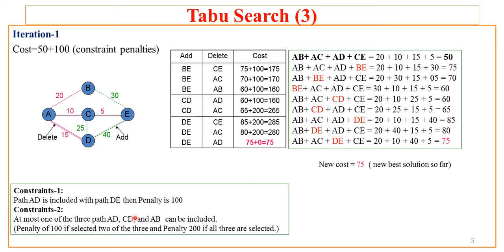Now here AD is used and AB is also used. So as these two paths are used, constraint 2 is applied and a penalty of 100 will be added to the 50. Now the overall cost of this minimum spanning tree will be 150 instead of just 50.